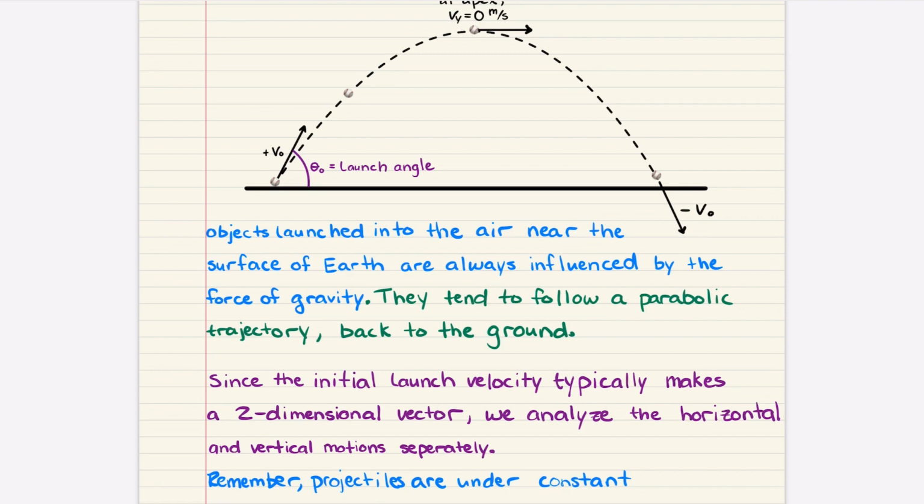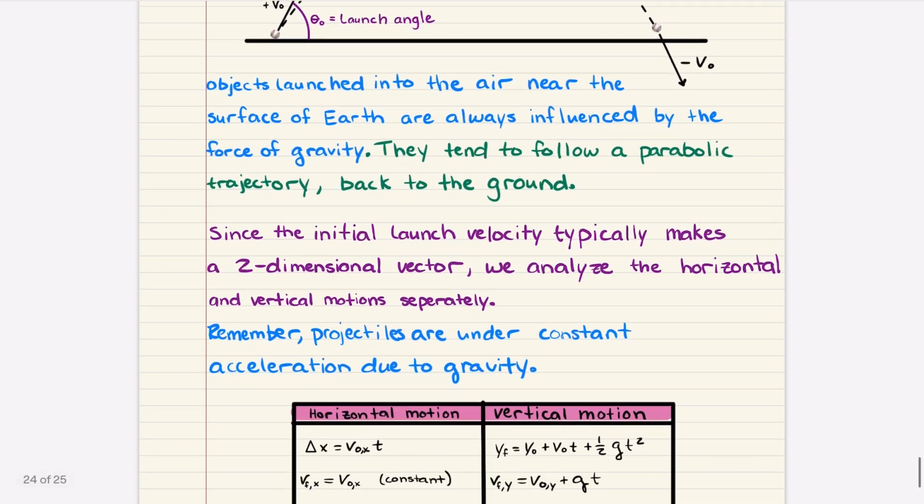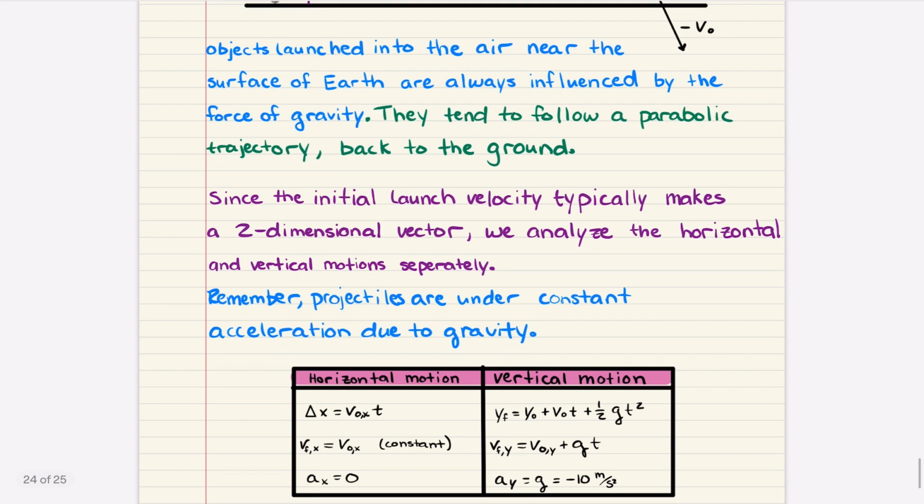So we're going to have to analyze the vertical component of the object's motion separately from the horizontal component. Remember, projectiles are under constant acceleration due to gravity, and the kinematic relationships from our big five most commonly used in projectile motion problems are this relationship for the horizontal motion.